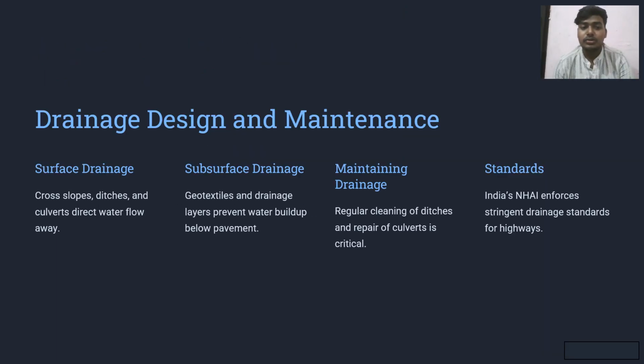Now we are talking about drainage design and maintenance. Surface drainage: cross slope, ditches, and culverts direct water flow away. Subsurface drainage: geotextiles and drainage layers prevent water buildup below pavements.